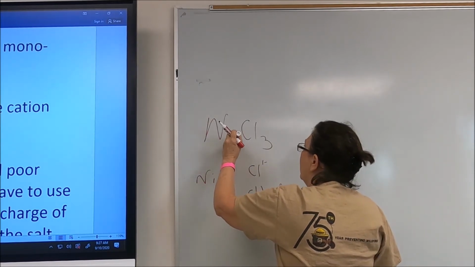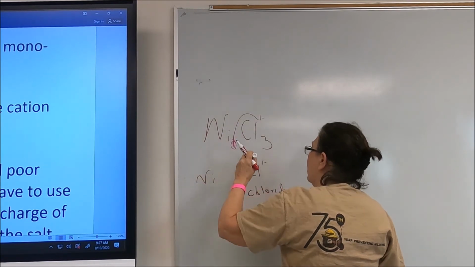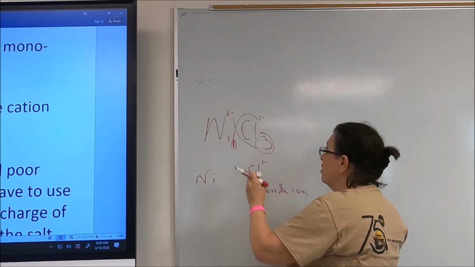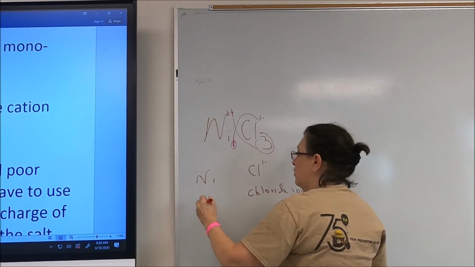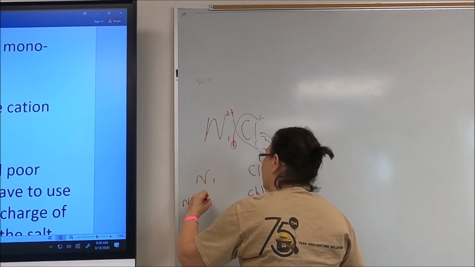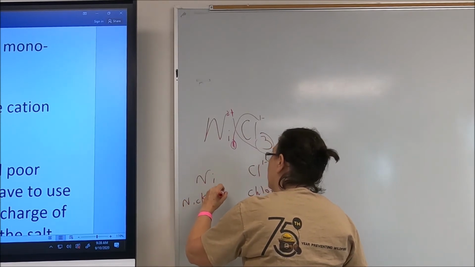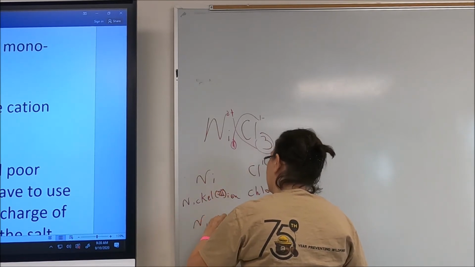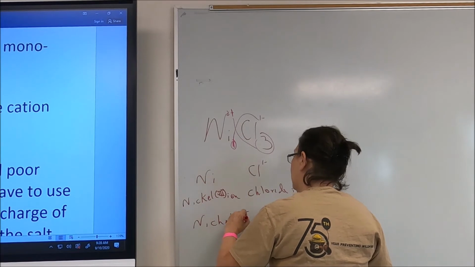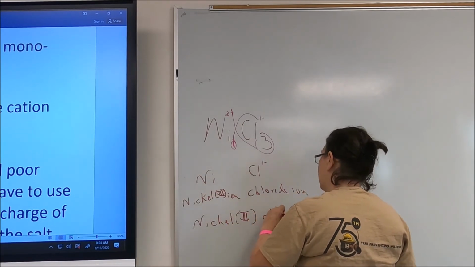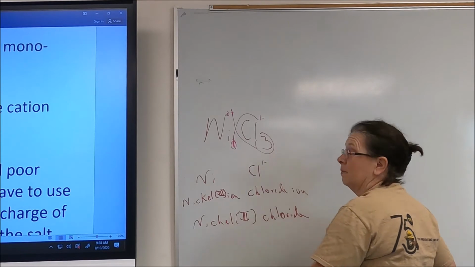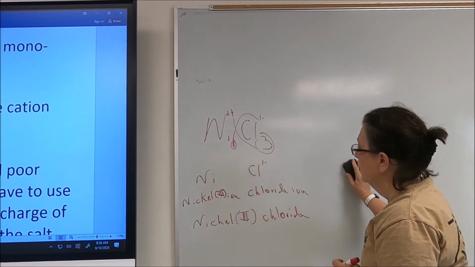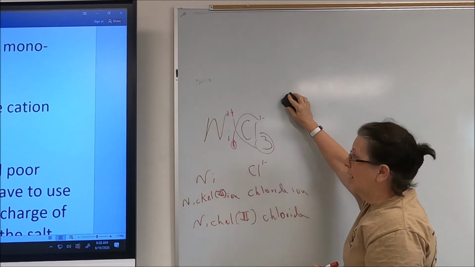That's an implied 1 there. This was 1 minus. So this tells me that this has to be 3 plus. So this is nickel 3 ion. So this is nickel 3 chloride. Okay, you got it?